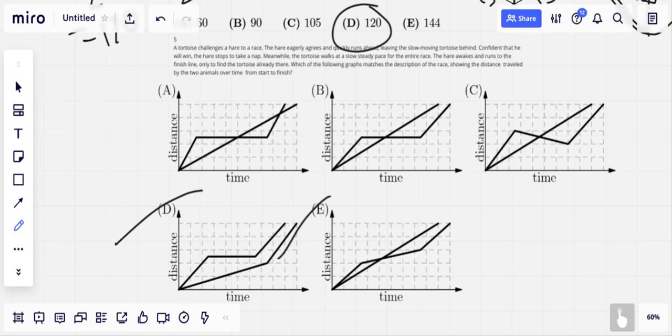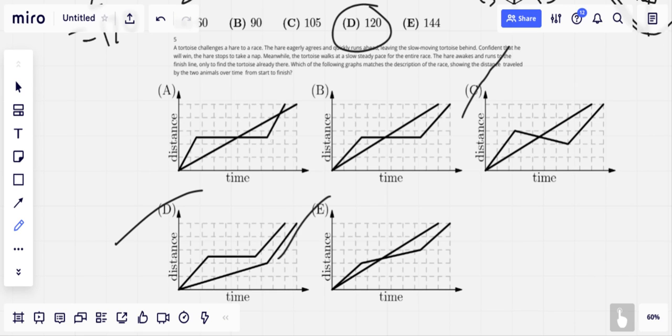A shows the correct path for the hare because it shows that stagnant time period. So does B, but C, however, shows a decrease in the distance of the hare, which the problem doesn't mention, so we can cross out C.